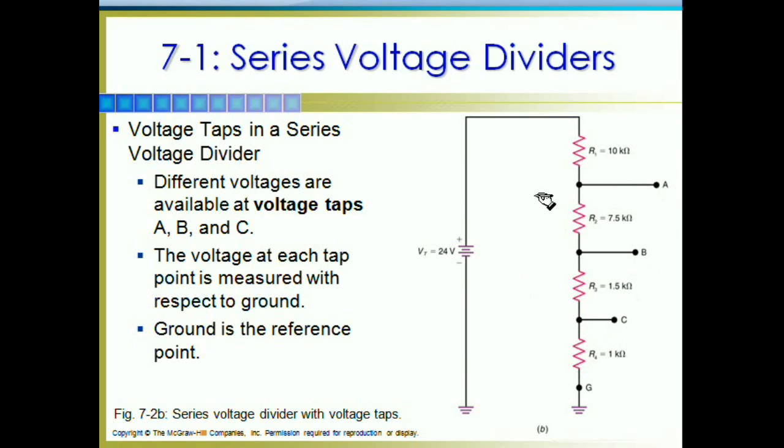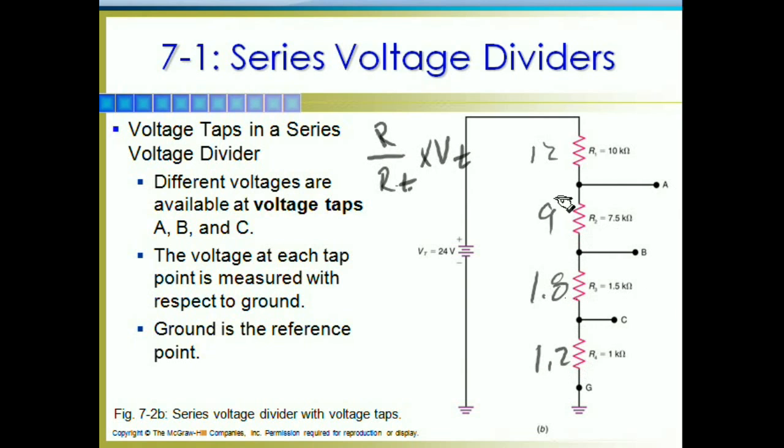There we go. Alright, just following the formula. R over RT times VT. And that gave me my 12, 9, 1.8, and 1.2 volts.